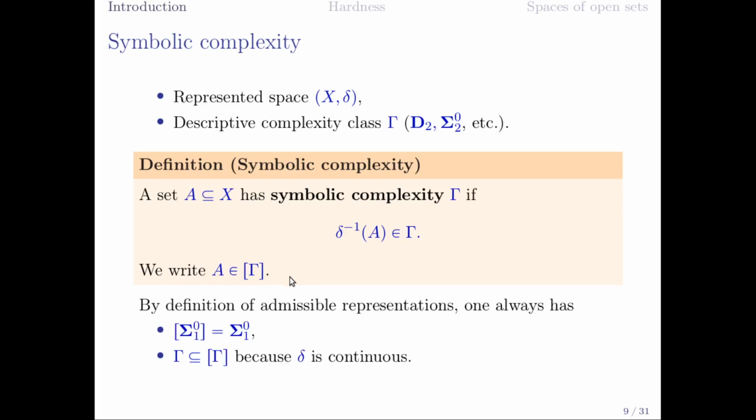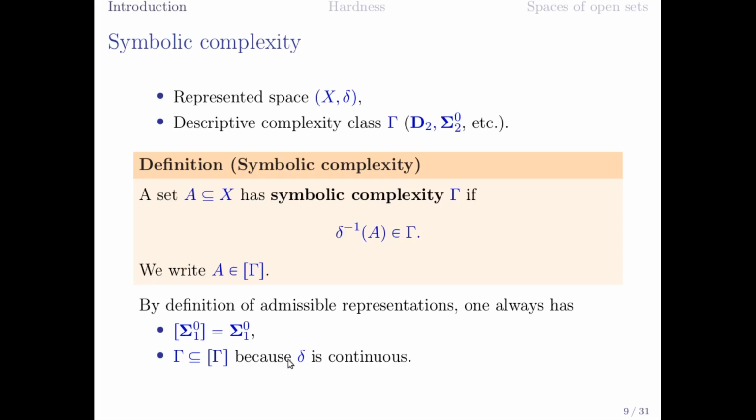So the first observations are that we're working in topological spaces with a representation which is admissible in some sense, which means it respects the topology. The consequences of this are that at the very first level, the sigma 1 level, we have always agreement. So a set is open if and only if its preimage is open.